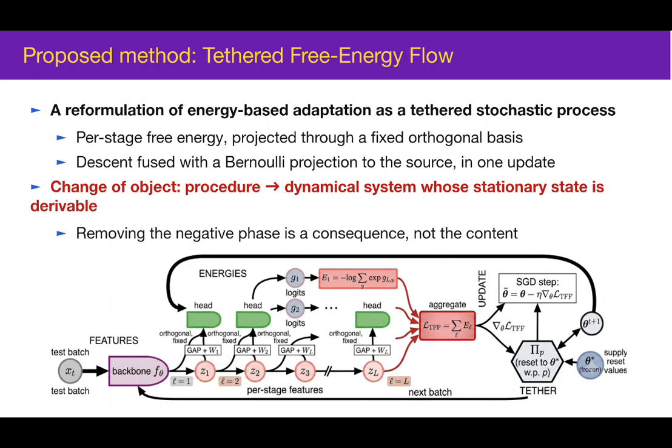As you can see on this diagram, the test batch goes through the backbone, and at each stage we compute an energy, combine them, and take one gradient step to lower the energy. That is the descent, and then the tether randomly pulls some parameters back to the original source values.